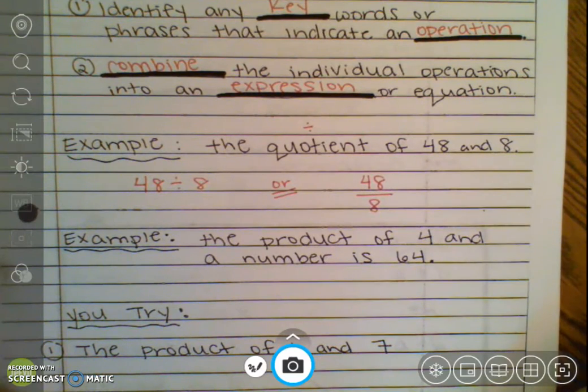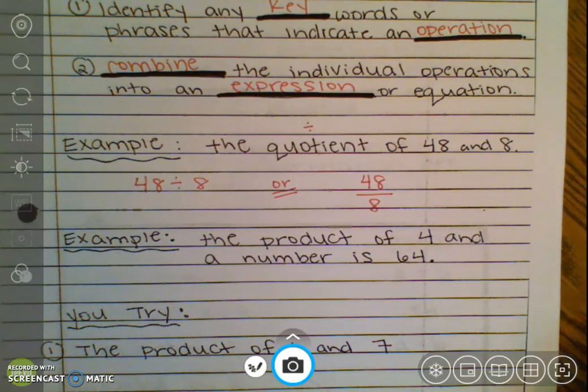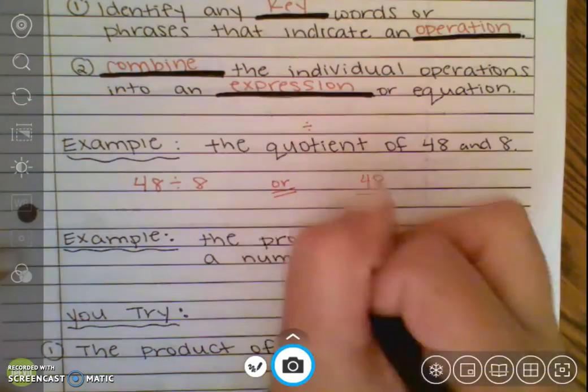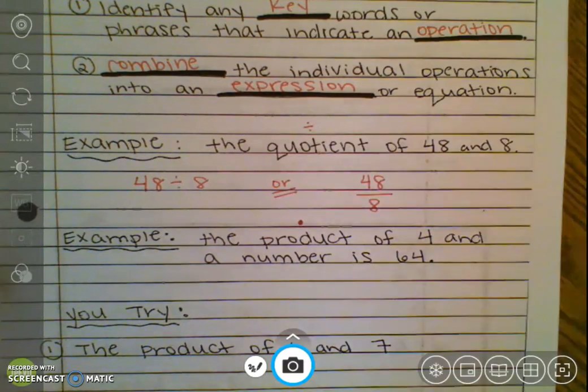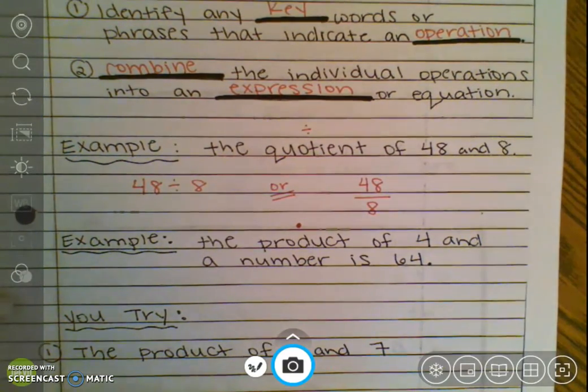Okay, next it says the product of 4 and a number is 64. Product means we are going to multiply. And remember, we like to use a little dot for multiplication. You can use an X if you want, we prefer the dot though.